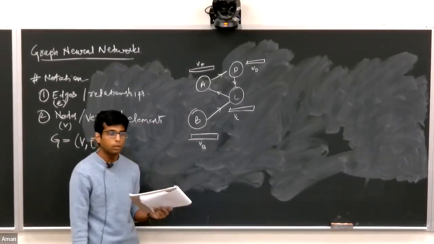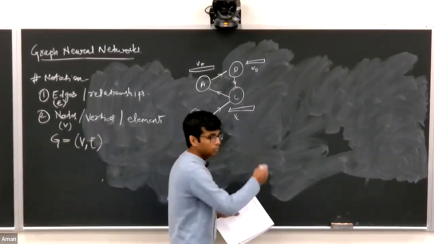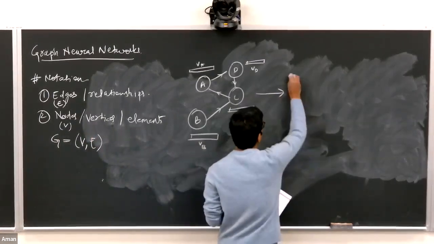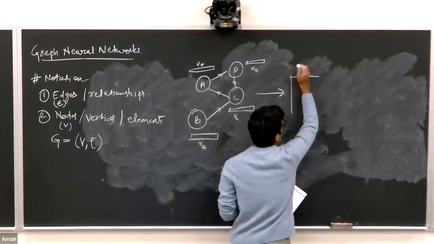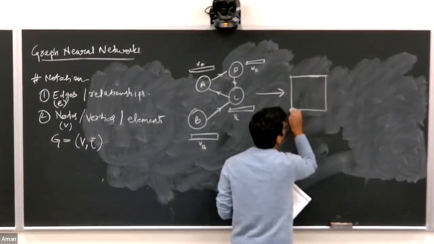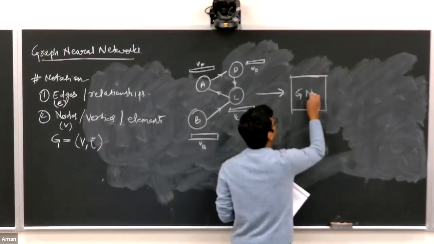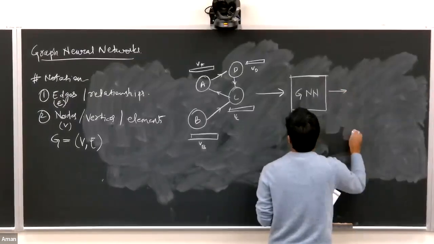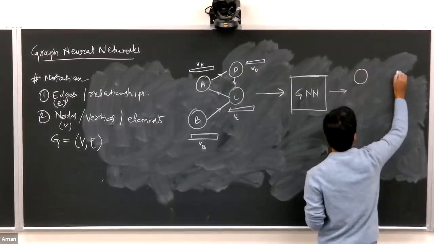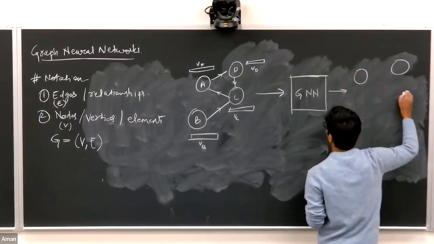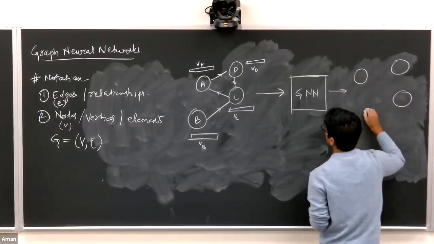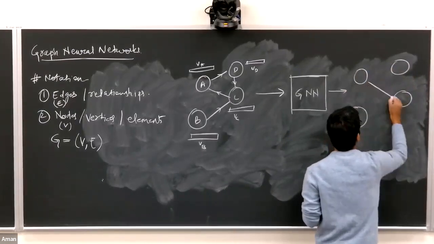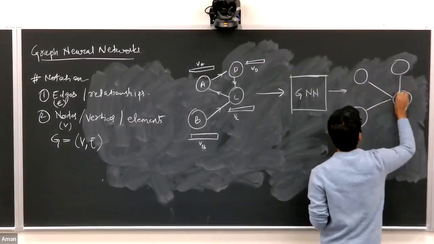Okay. Once you have a graph like this, what a GNN does is that you feed this graph into a graph neural network model, GNN, and that would give you the graph back, actually. So A, B, C, D with the same edges.